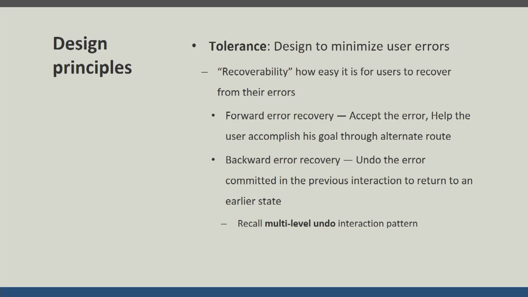And then we have backward error recovery, which is that you undo the error committed in the previous interaction to return to an earlier state. Backward error recovery as a method has influenced one interaction pattern which we had spoken about in one of our earlier sessions, and that was the multi-level undo interaction pattern.